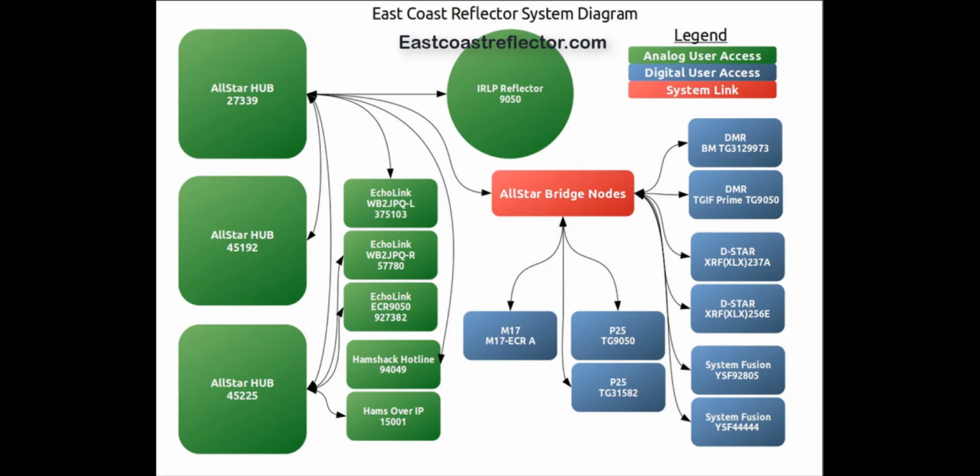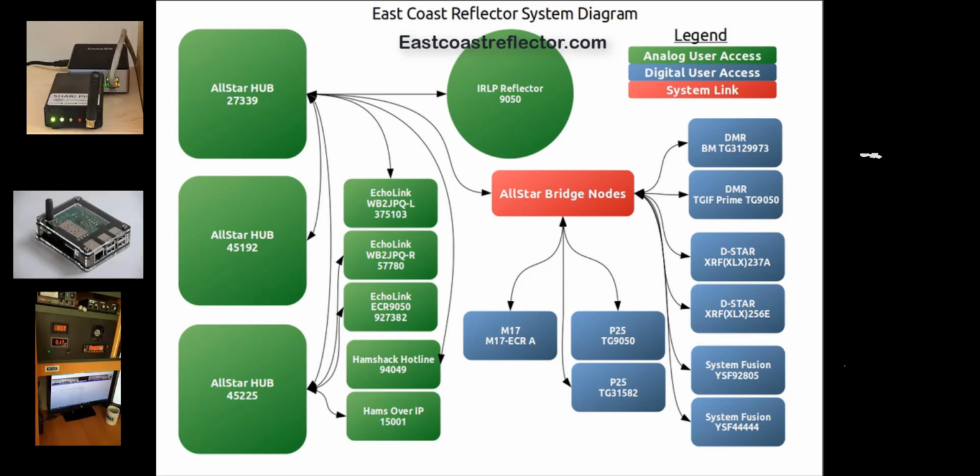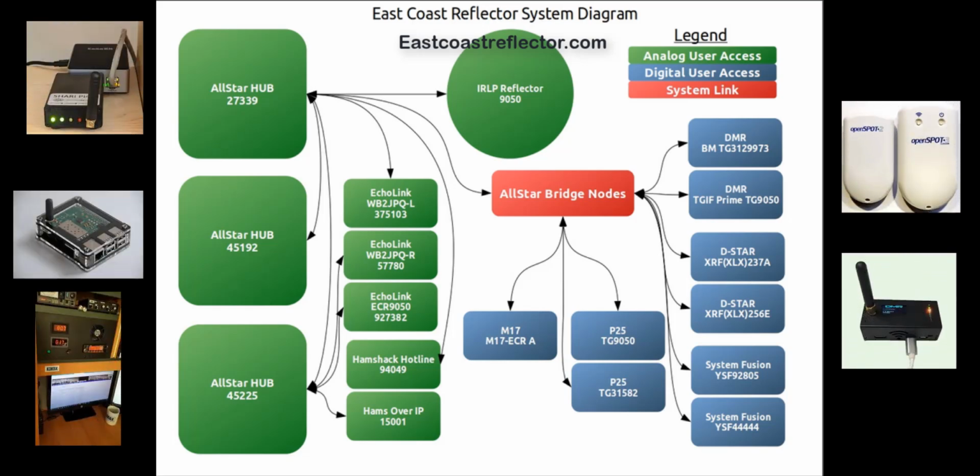A node is essentially a computer. You may be hearing that all the time: nodes, hotspots, things like that. They're all just computers with radios linked to them, or some sort of audio interface linked to them, so you can get audio in and out, and you can control that computer, push to talk, things of that nature. So at a real high level, this is kind of how it works.